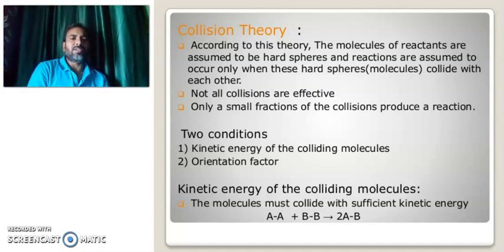Two conditions: one is the kinetic energy of the colliding molecules, and the second is the orientation factor. The molecules must collide with sufficient kinetic energy. You can see A2 plus B2 gives 2AB.